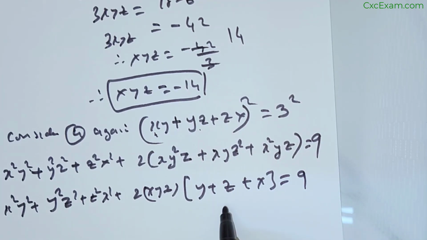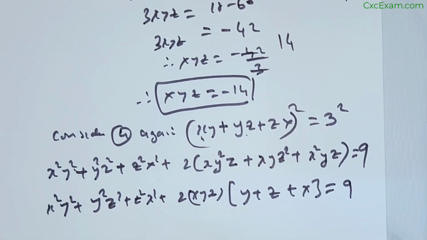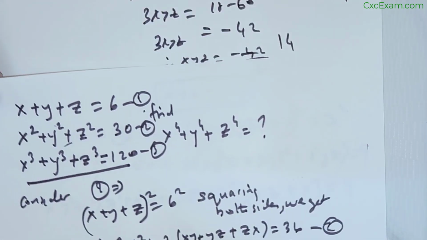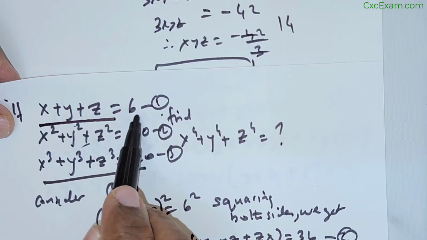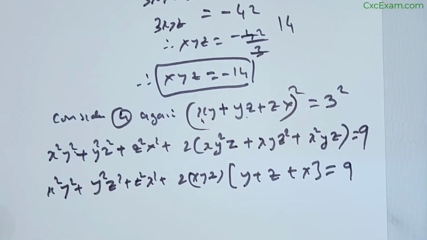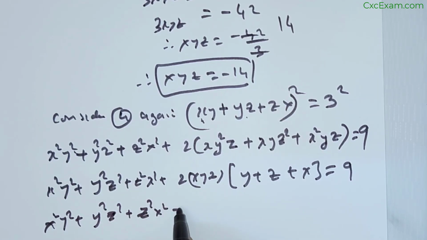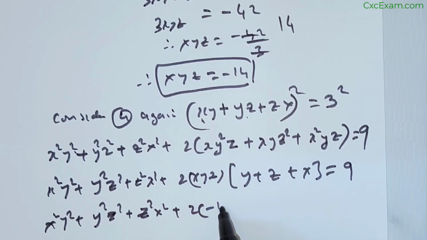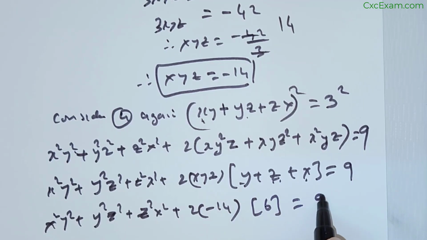Now x positive y positive z, we have this value, right, is equal to 6. So x squared y squared, positive y squared z squared, positive z squared x squared, positive 2 times xyz is negative 14, and x plus y plus z, this value is 6, is equal to 9.